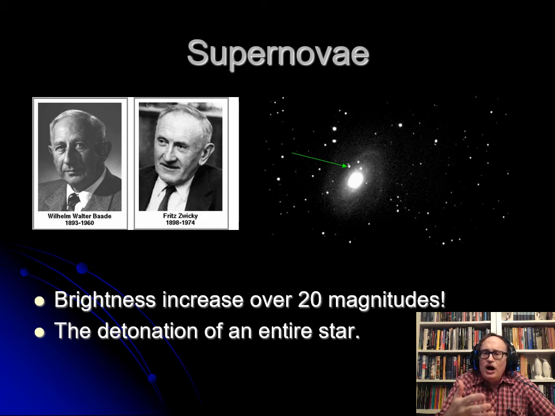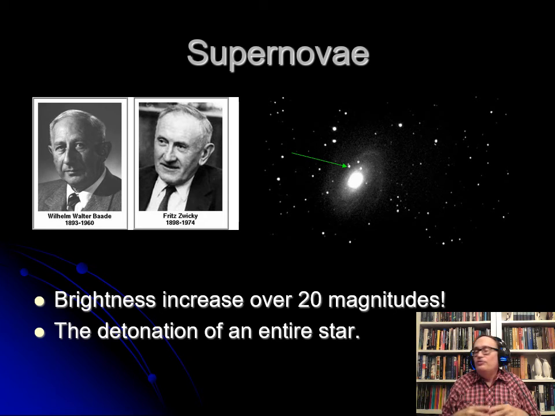Well, when Walter Baade was working in the U.S. for the first time, he teamed up with a fellow named Fritz Zwicky, and they were studying novae, and they realized that some of the novae that they were discovering were super bright. They would get 20 magnitudes brighter or more.